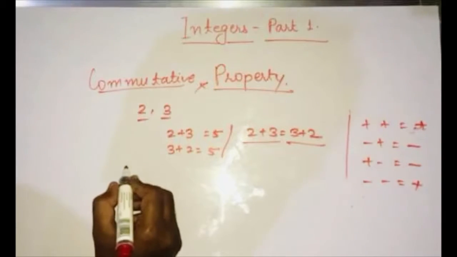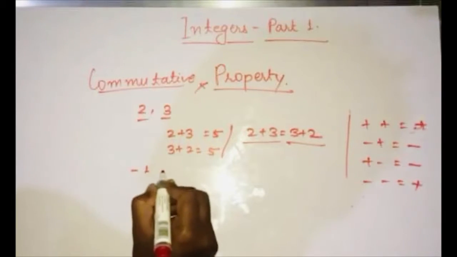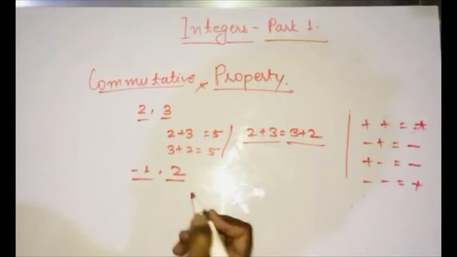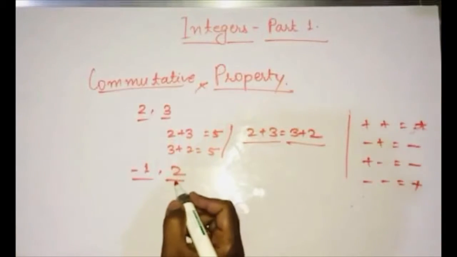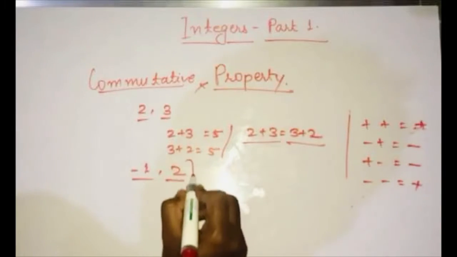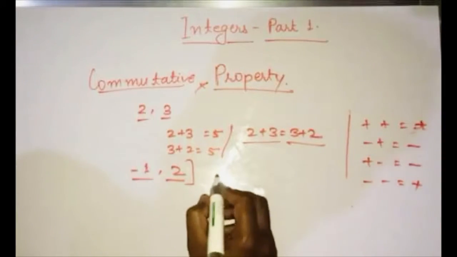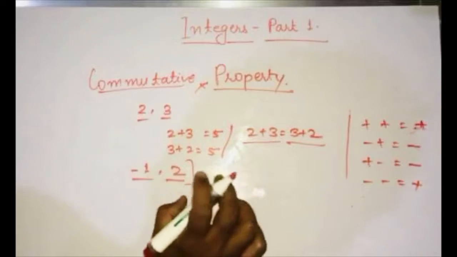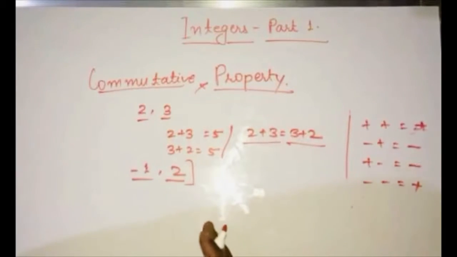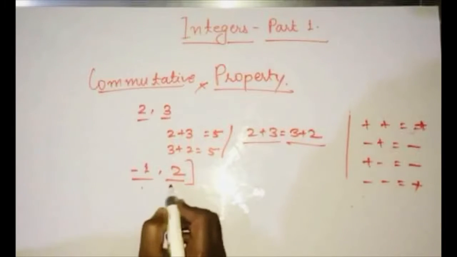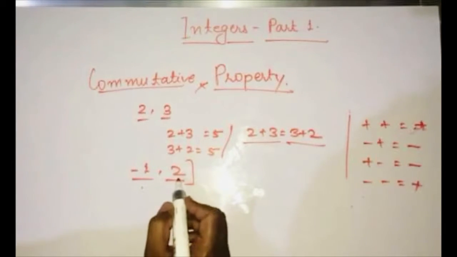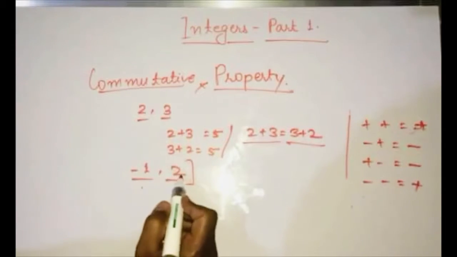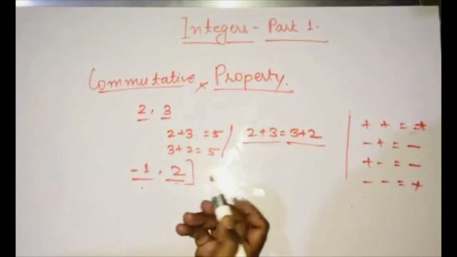Similarly, the same property applies to integers as well. Suppose I take two integers, -1 and 2, the ones we took for the closure property. The commutative property says that if you swap these two integers and add again, you will get the same result.